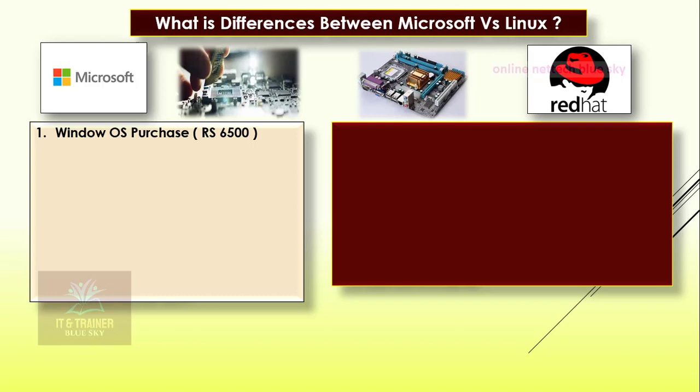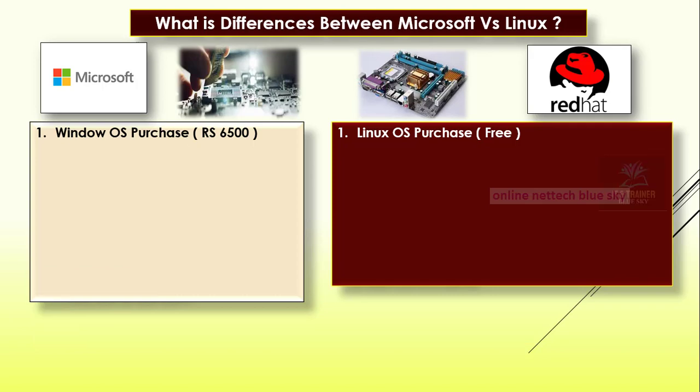Without purchase you cannot start your operating system, because this is Microsoft's terms and conditions. But on the second side, the Linux operating system needs no purchase. It is a free operating system, you do not pay the company, because it is open and free. This is a very good point of Red Hat Linux.